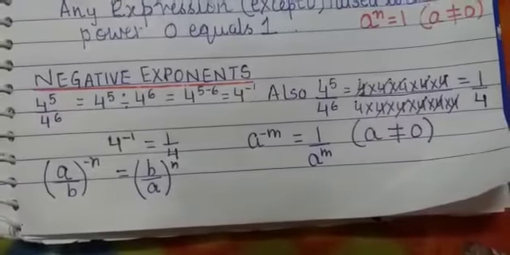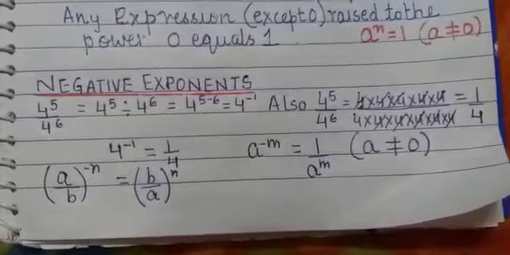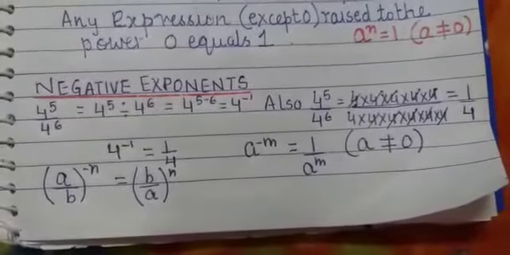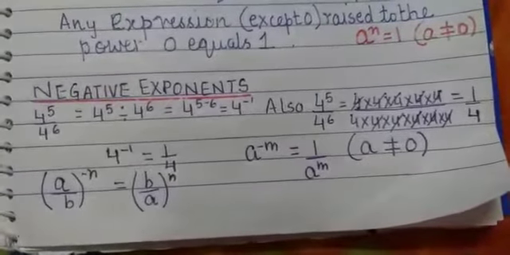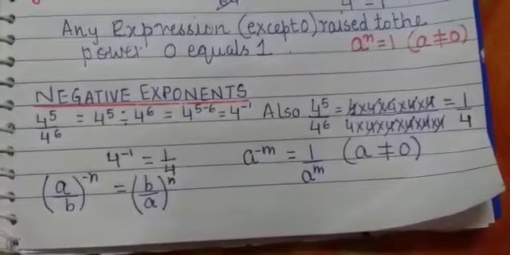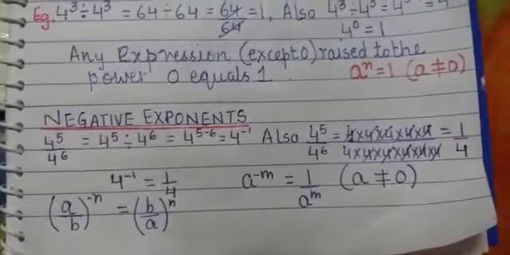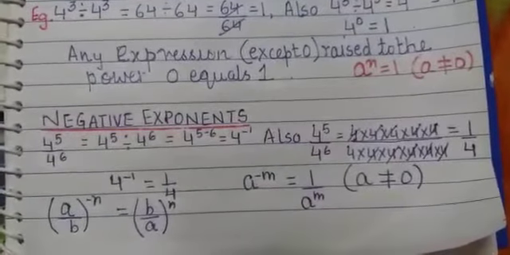If I divide 1 by 10 with 10, it will become 1 by 100. And what does 1 upon 100 mean? It means 10 to the power minus 2. I think till here, class, it is clear to you, right? I'll do a few examples in the next video.